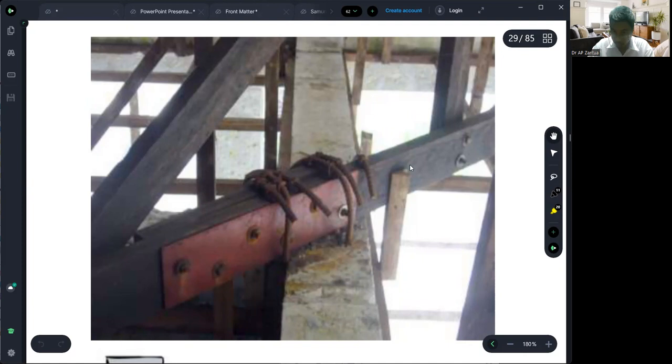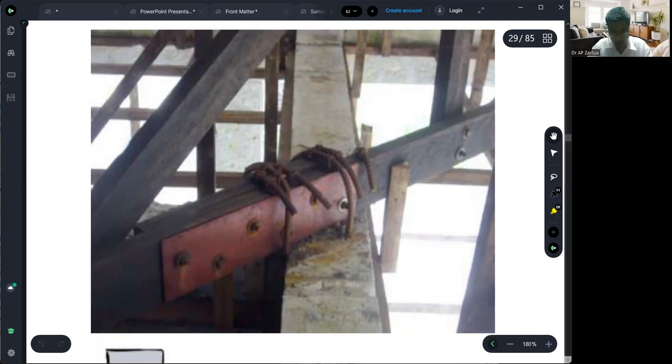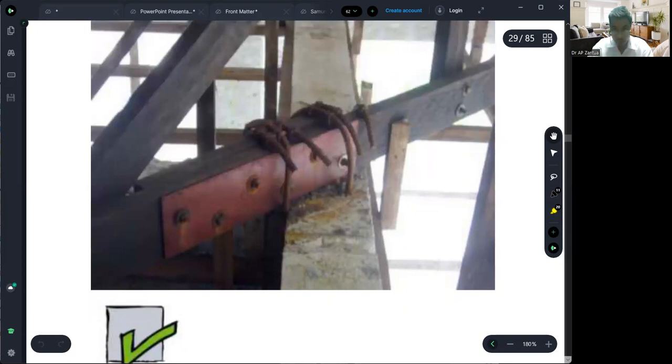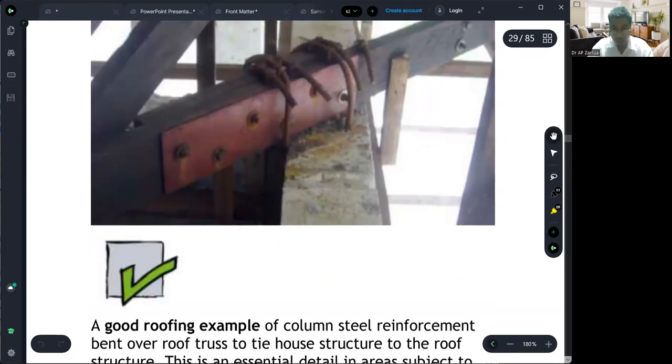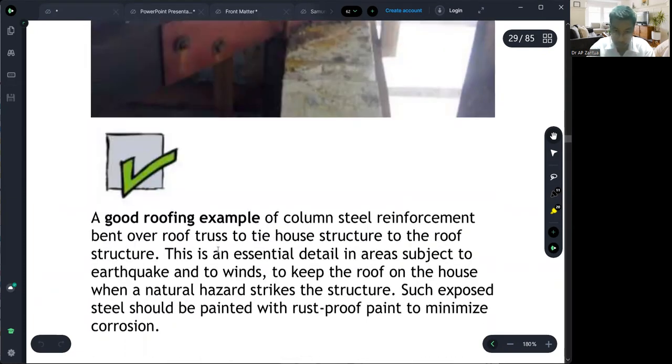So we have the chord of the roof trusses. This is the chord of the roof, above the beam. I think I can see a column right here. So it's still a good roofing example of column steel reinforcement.